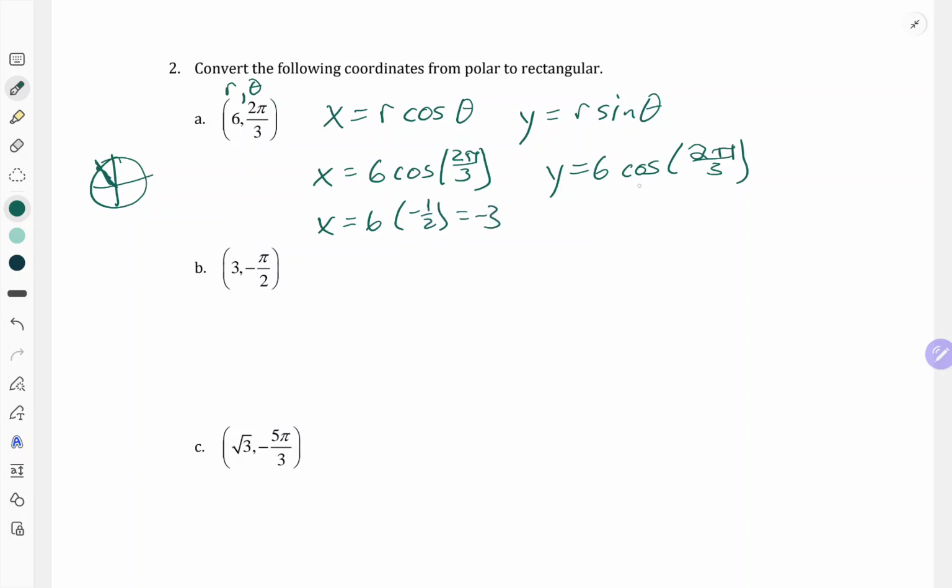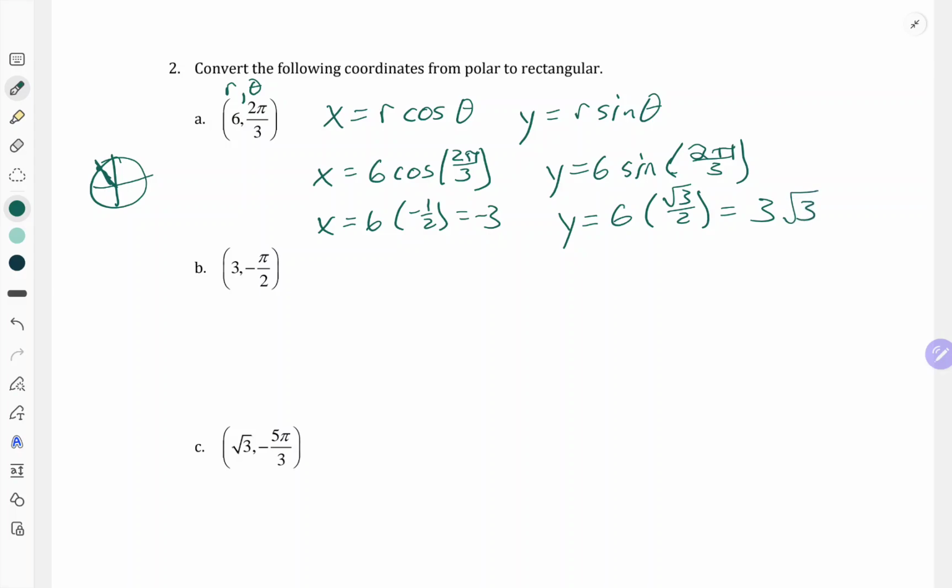And then the y, same deal, oh, looks like I put cosine instead of sine for that one. Looking at the sine, go and change that. Sine of 2 pi over 3, that's going to be a positive root 3 over 2, going up that way. So we'll say y is 6 times this positive square root of 3 over 2. And the 2 will divide into 6, giving me a 3. So this is 3 square root of 3.